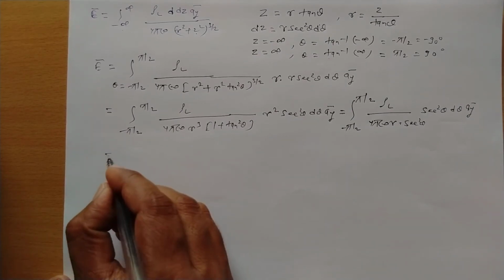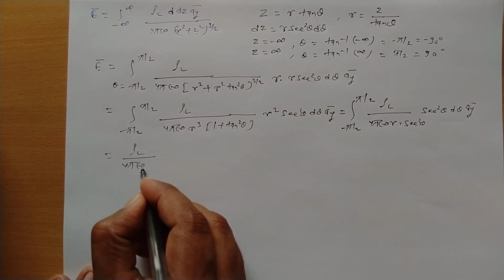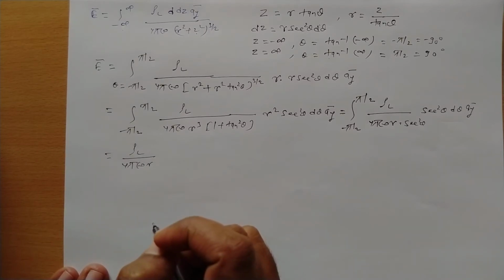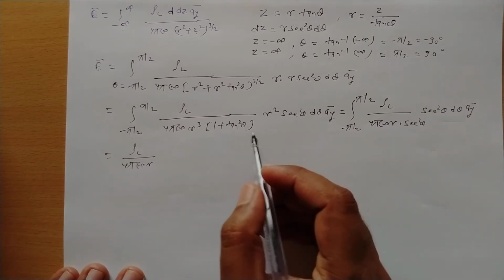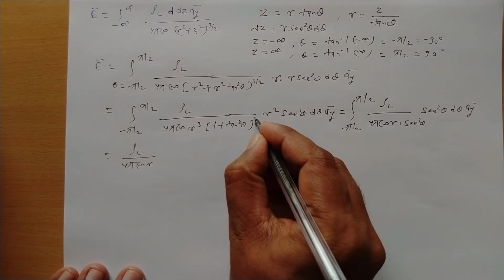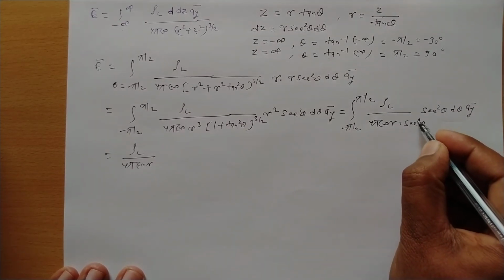So further if we solve this, we get rho L upon 4 pi epsilon naught r as a constant. Now whenever we take this 1 plus tan squared theta to the power 3/2, it becomes sec cubed theta.